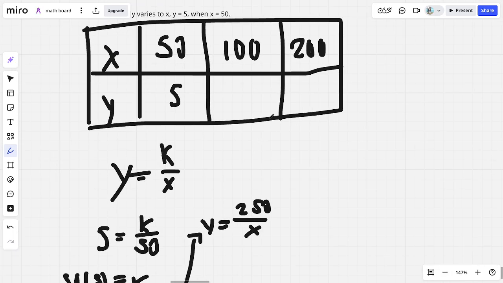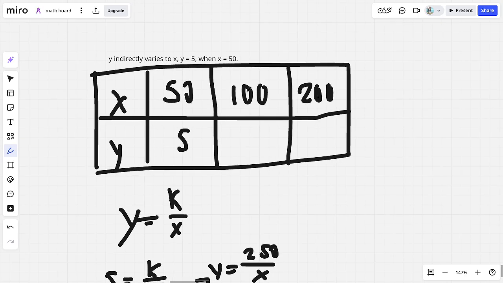So now we can find the other values of y.